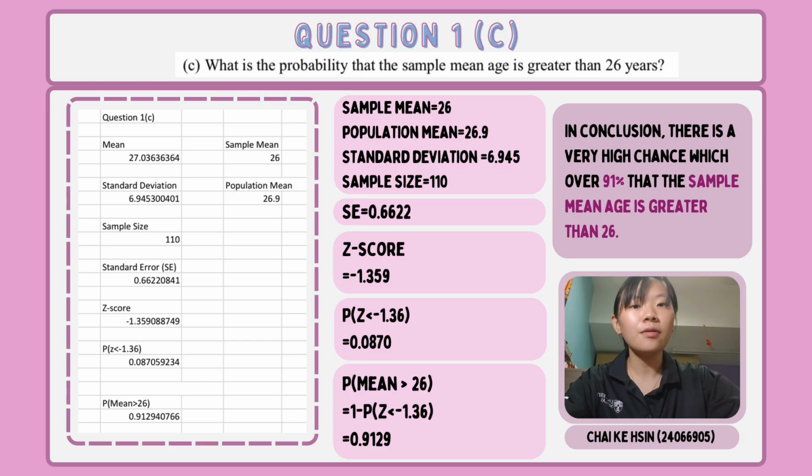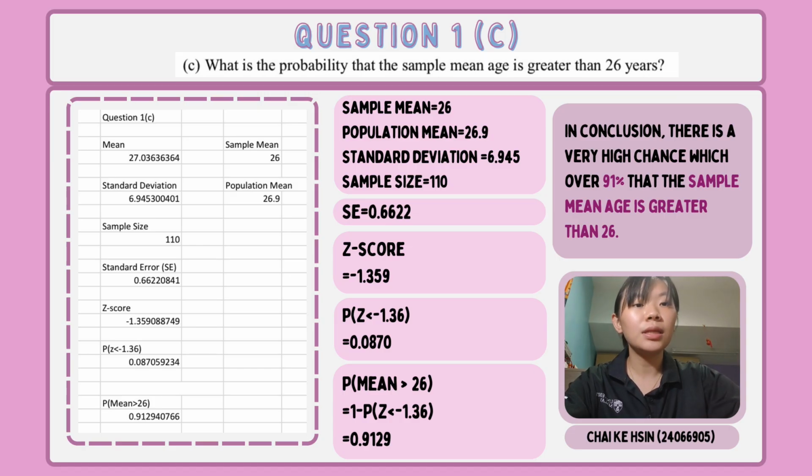24066905. And now I will continue to present question 1C, which asked to calculate the probability that the sample mean age is greater than 26 years. We are given that the population mean age is 26.9, the standard deviation is 6.945, and the sample size is 110.